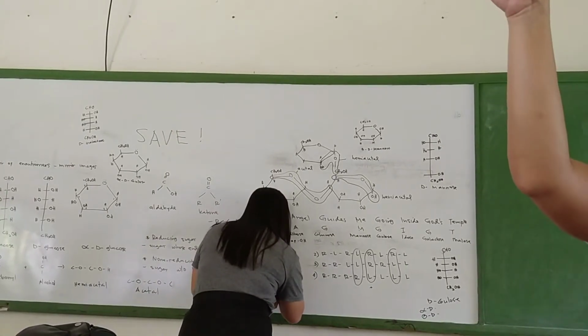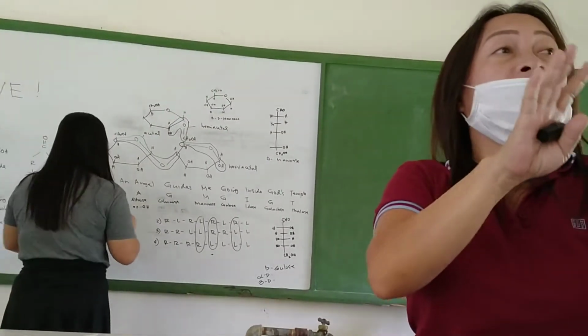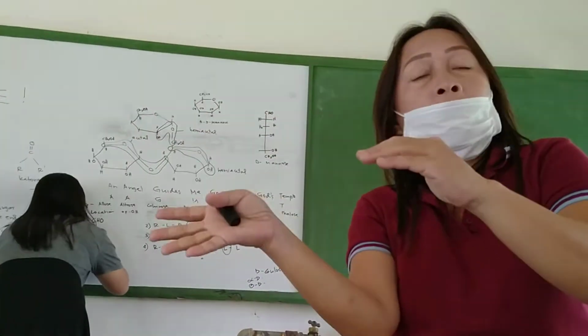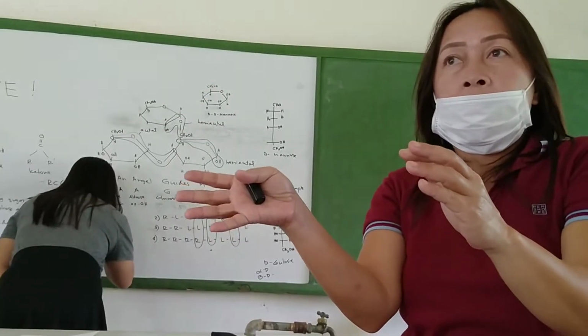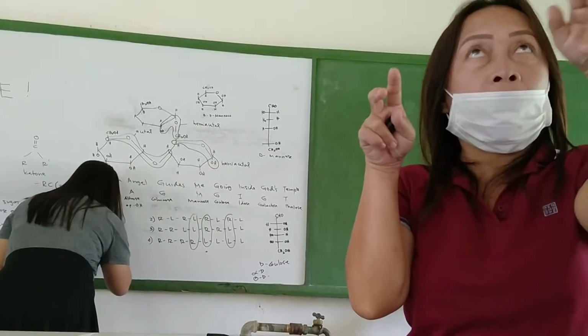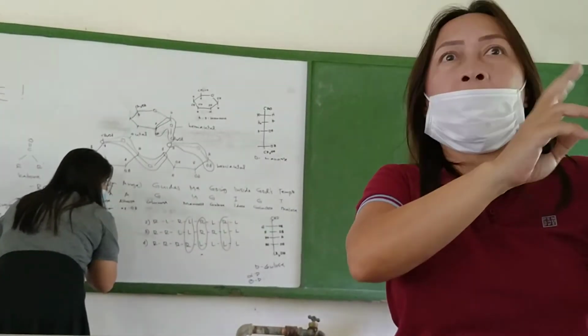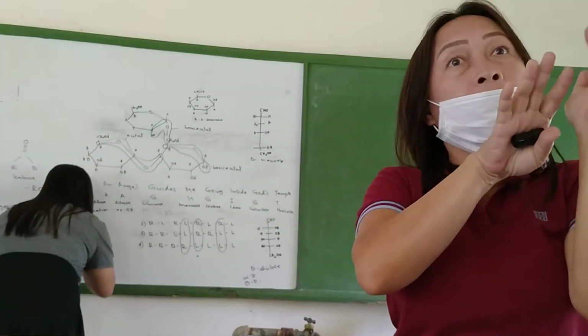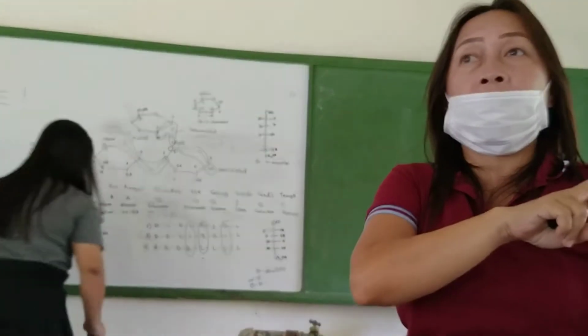Are you with me? Then for the OH, it's the oxygen that is bonded with carbon, not the hydrogen. So if you are asked to place the OH on the line, it should be the oxygen that is bonded to carbon, not the hydrogen. Are you with me?